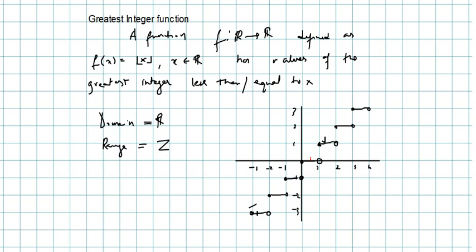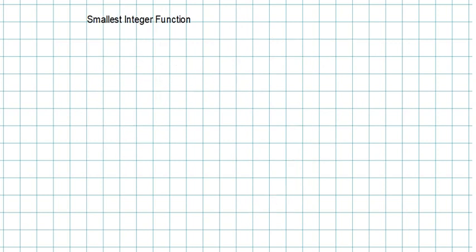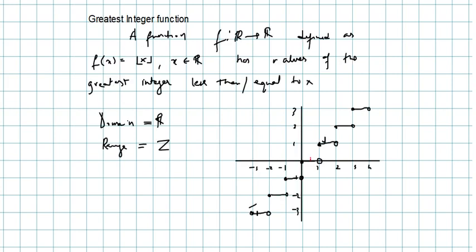Now similarly, just like we have a greatest integer function, we also have a smallest integer function. So what is the smallest integer function? A function from real to real, defined as, so last time we used to denote the greatest integer function like this, x with a square bracket.